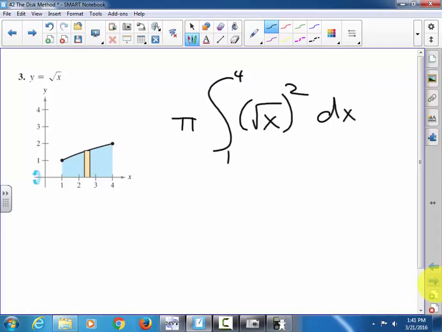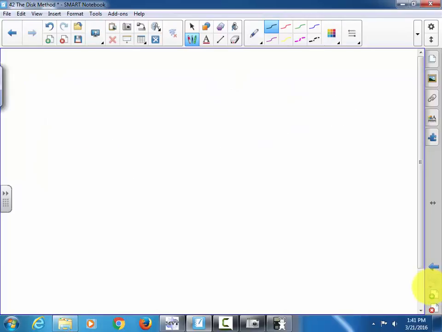Do you realize that this is the way some of the formulas that you use have been developed? Like a cone, for example. If you remember, the cone is 1/3 pi r squared h, I think. If you work that out with a line, that's exactly what you get. So many of the area and volume formulas that you use were developed by using these methods in calculus, okay?